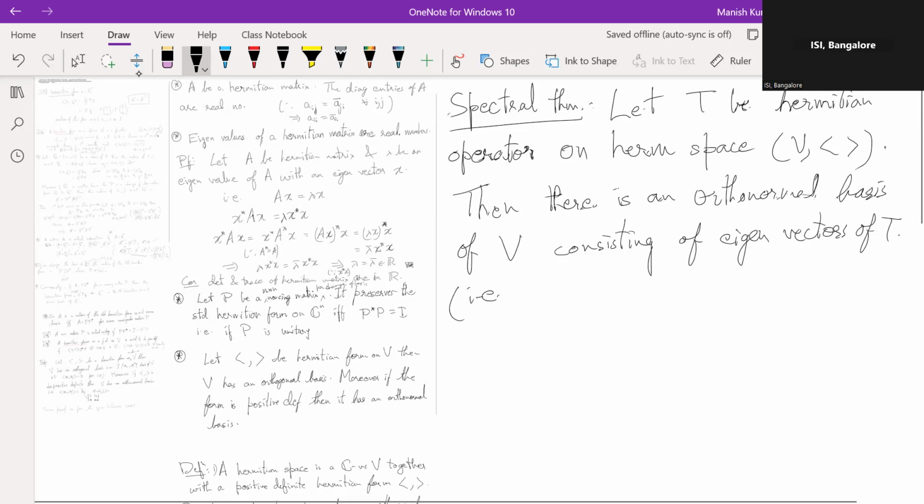If you want to think in terms of matrices, a consequence of this is: let M be a Hermitian n cross n matrix.